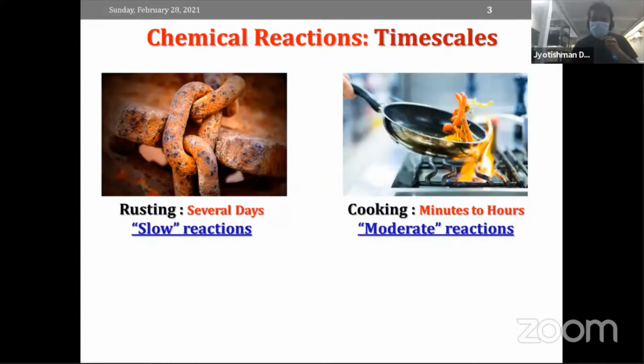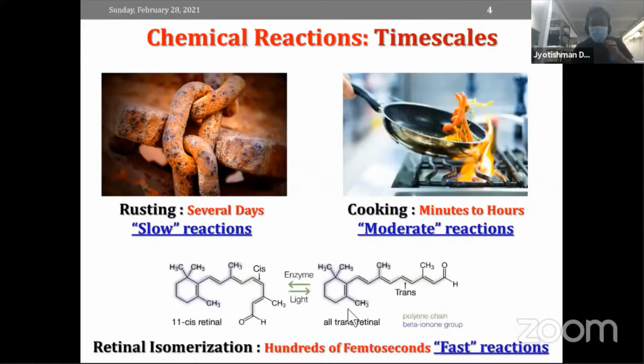But reactions like the example I am showing at the bottom, here you can see, this is called the isomerization of the retinal molecule. The molecule, with carbon, hydrogen and this long chain, is retinal, which is the key molecule for our vision. You can see the molecule here is bent in shape, which we call a cis form.